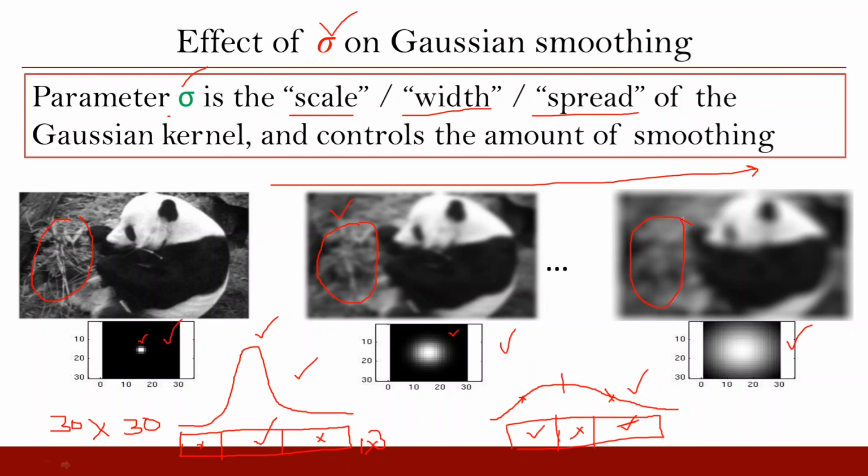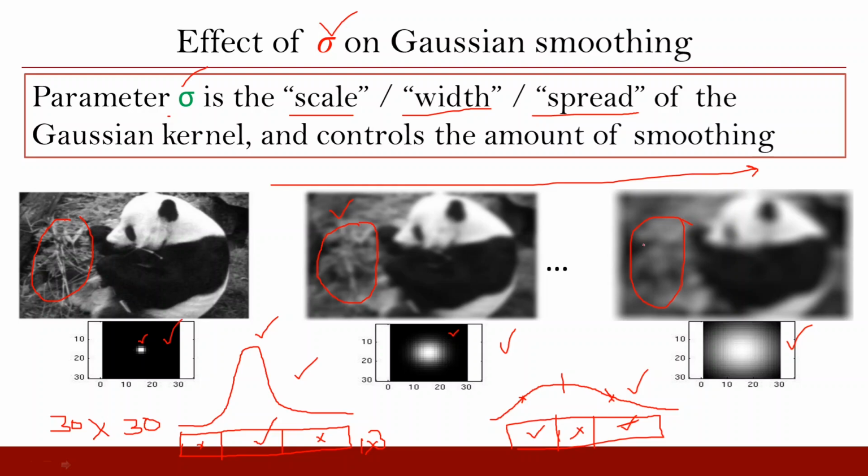So if the sigma is less, you will be able to retain the big features of your image. Small features may disappear, but if you increase the sigma, for high sigma you may even lose the features which are big.